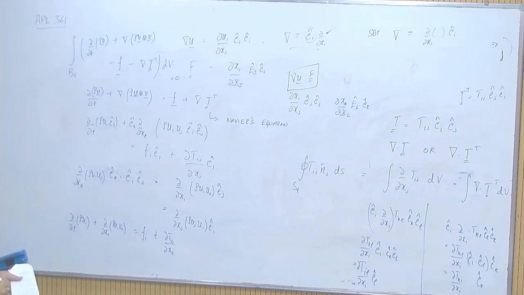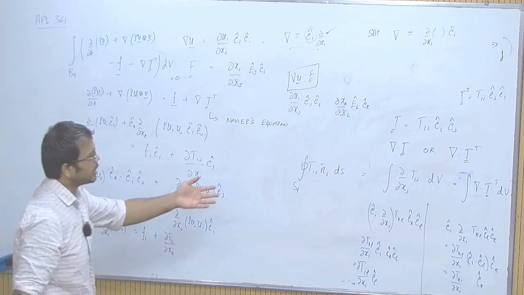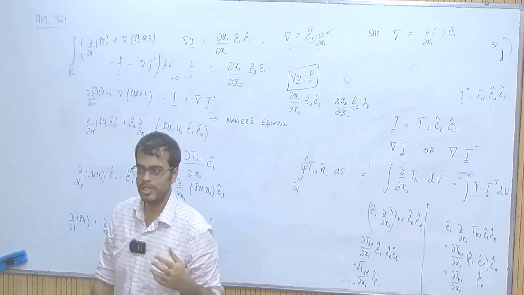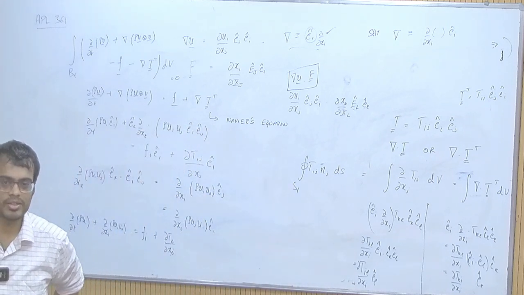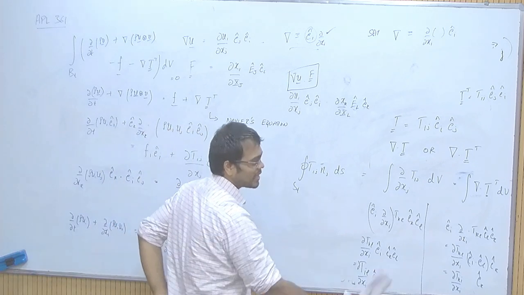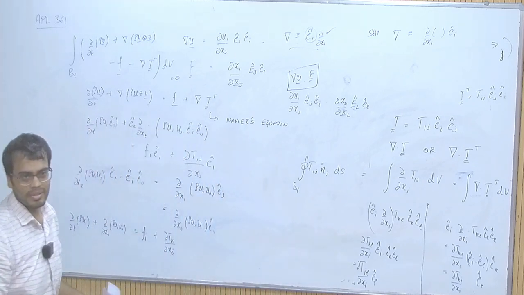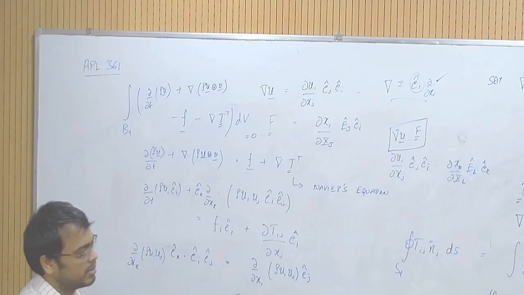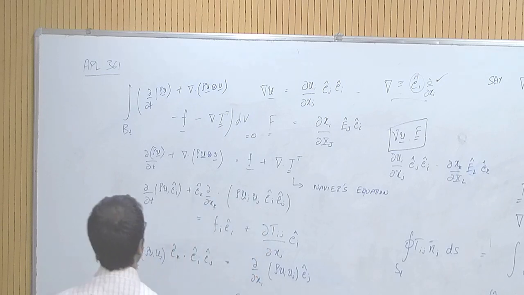In a few minutes, you will see that I made this whole big deal of this being del dot T or del dot T transpose, but it turns out that T is symmetric, so it does not matter. Even if you do all of this algebra and try to make it very rigorous, physics will tell you that T is symmetric, so do not bother. But we will have to show that this T is symmetric.